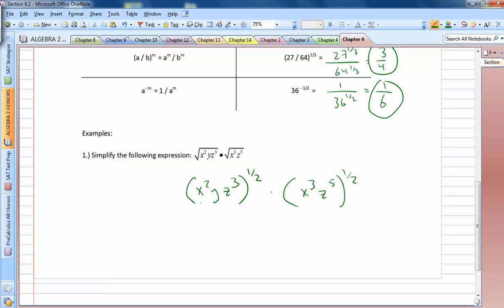And then we can distribute the powers and then of course we can add the exponents. So x to the 5/2 power, y to the half power, and z to the 4 power.